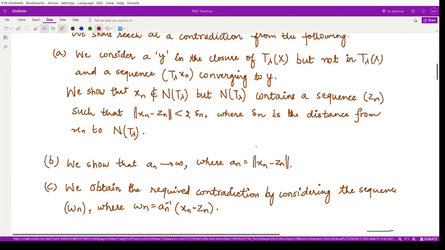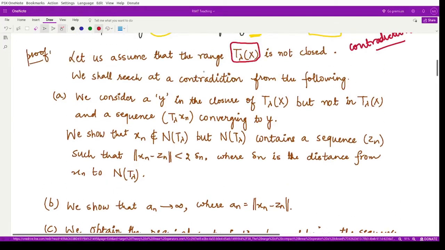The first result that we are going to prove is this. Now in this case we are saying the range of T lambda is not closed. So you can see this as follows. Suppose there is some y which is present in the closure of the range of T lambda, but it is not in the range of T lambda as such.